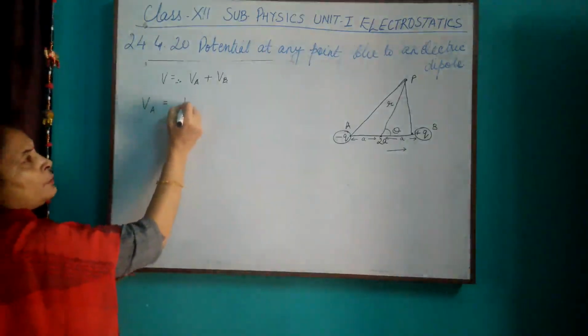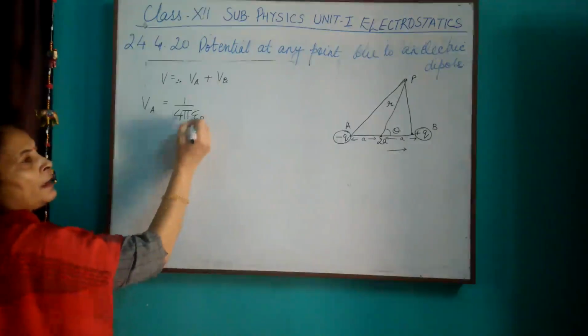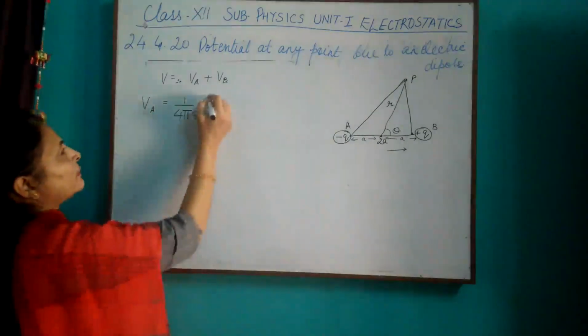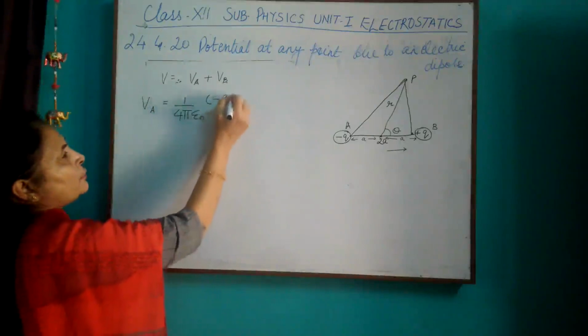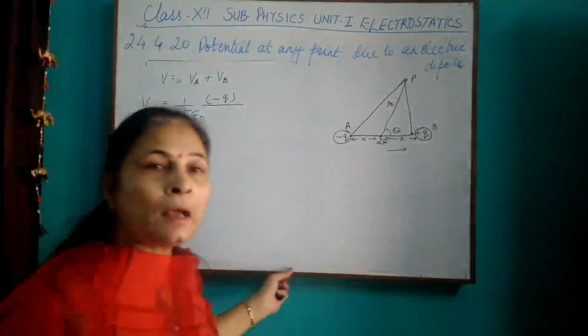VA will be equal to 1 by 4 pi epsilon naught minus Q upon R.